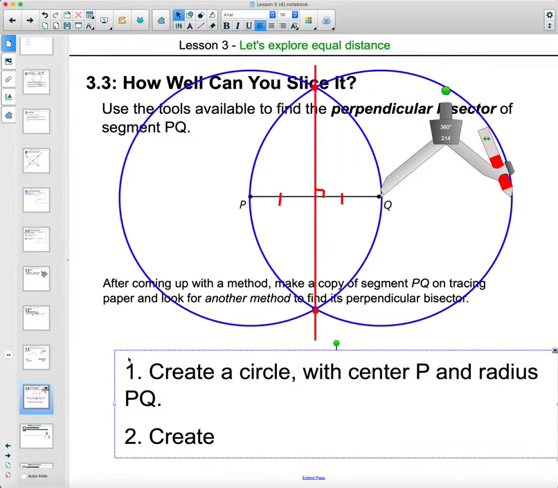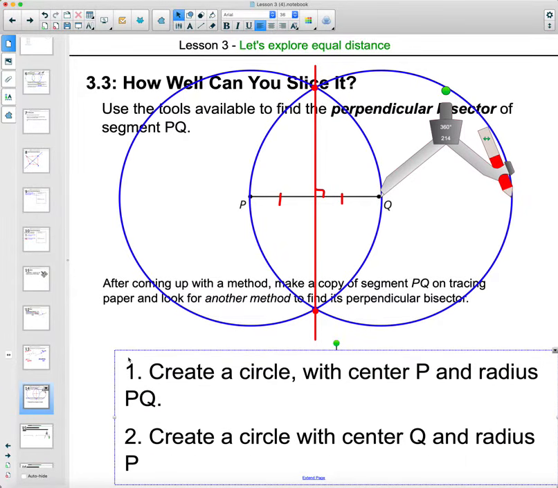And then create a circle with center Q and radius PQ.